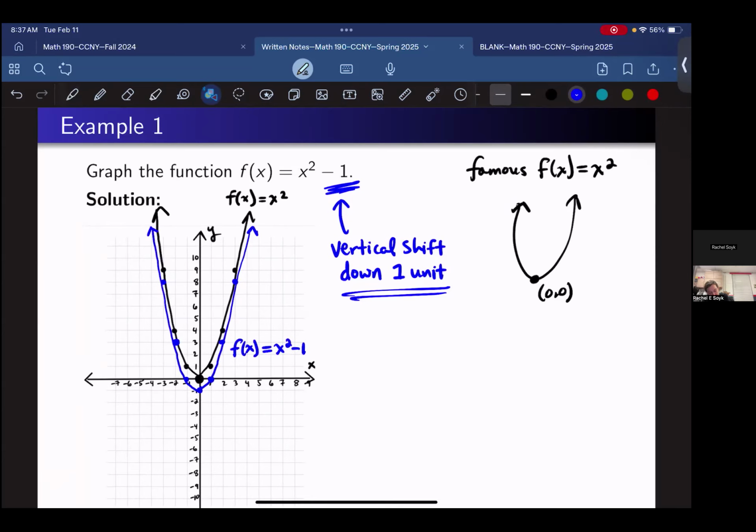I'll create the table off to the side to just show you that our x values stayed the same, but our y values are the values that have changed.